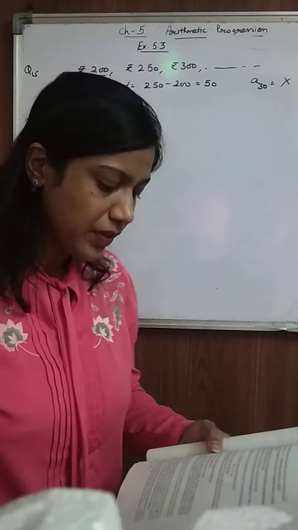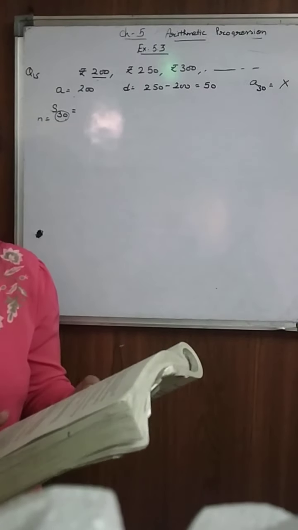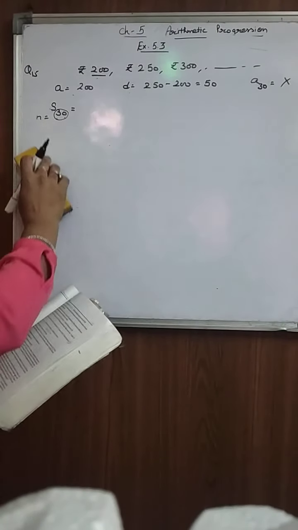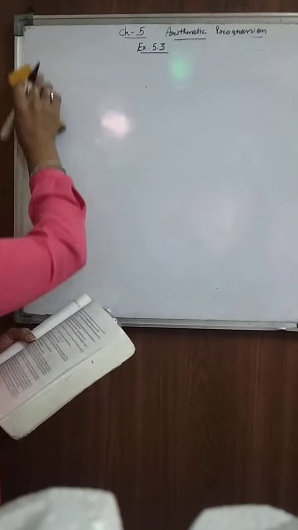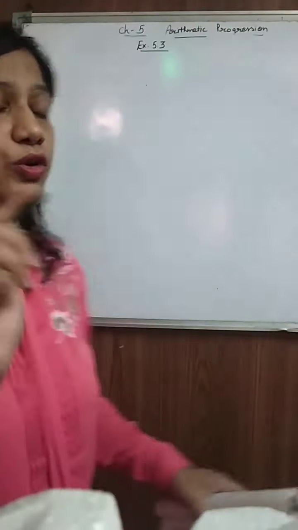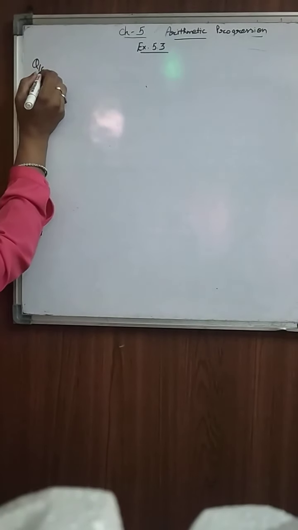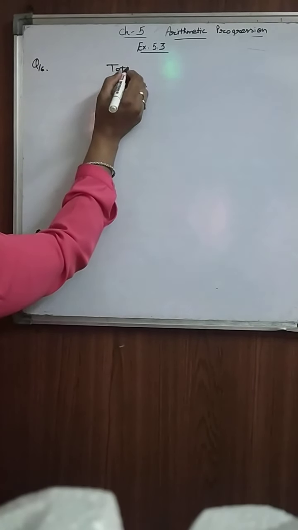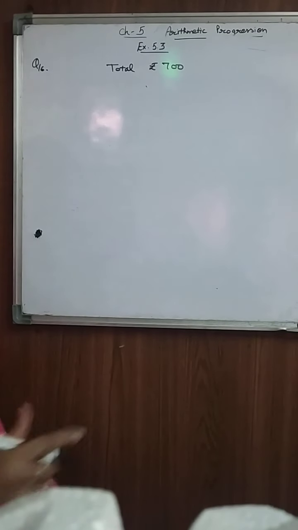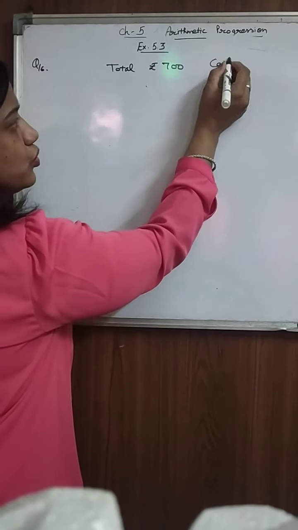16th question. A sum of rupees 700 is to be used to give 7 cash prizes to students of a school for their overall academic performance. Total 700 rupees a school is giving as cash prizes to students.